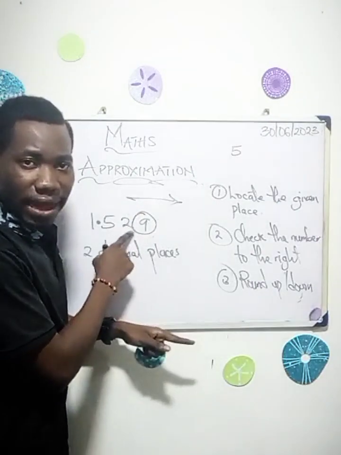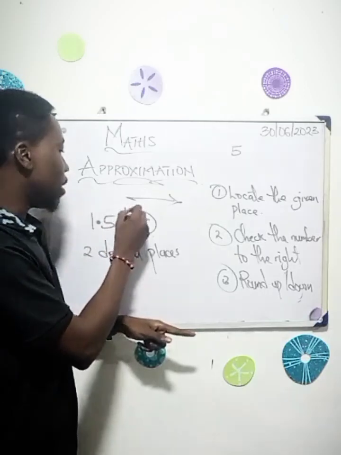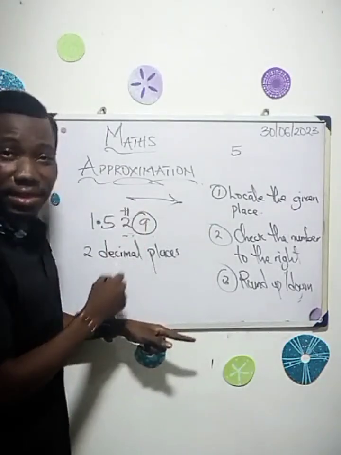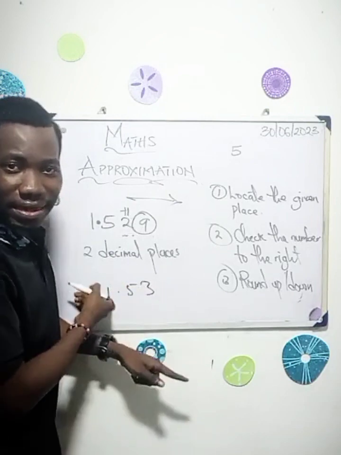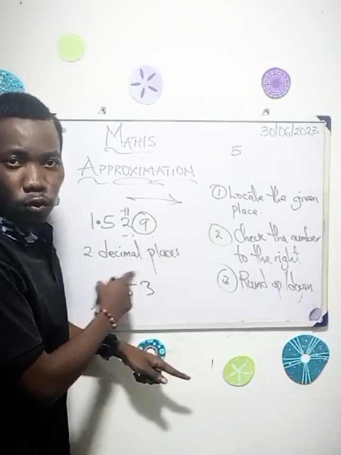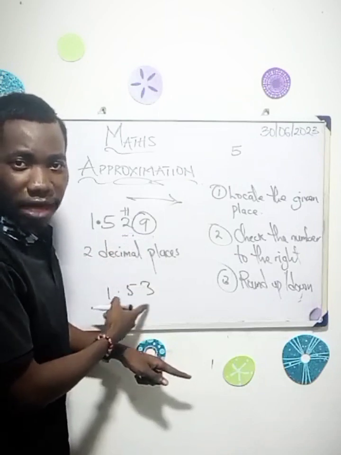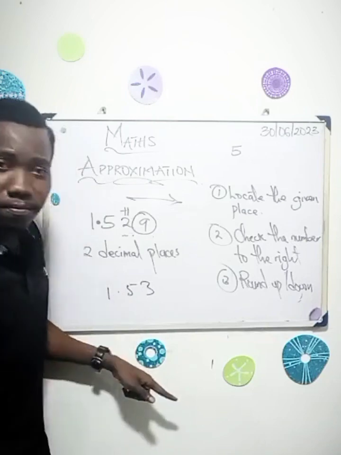So you have 9, which means you are going to round up, and this becomes plus 1. And then you have plus 1, and then you have 3. And so what's your answer? 1.53. When you have 1.529 to 2 decimal places, it becomes 1.53, which means you now have only 2 numbers after the decimal point.